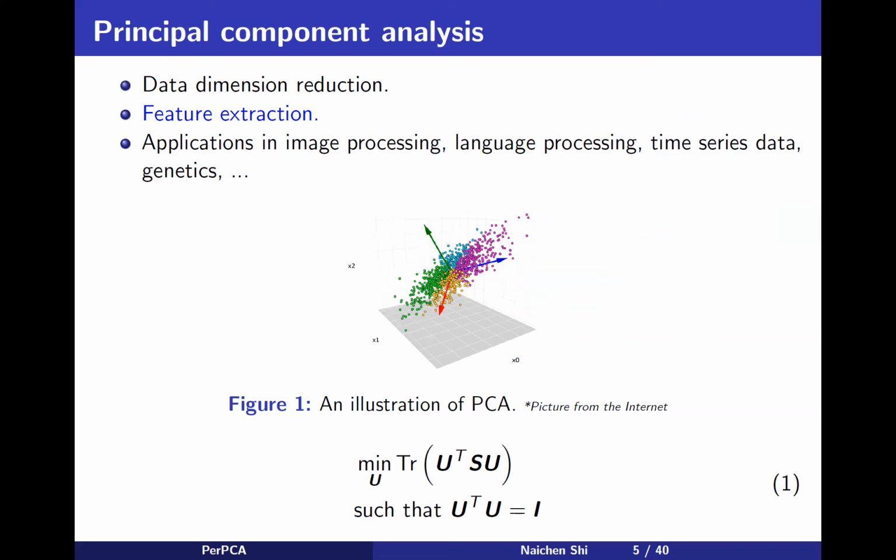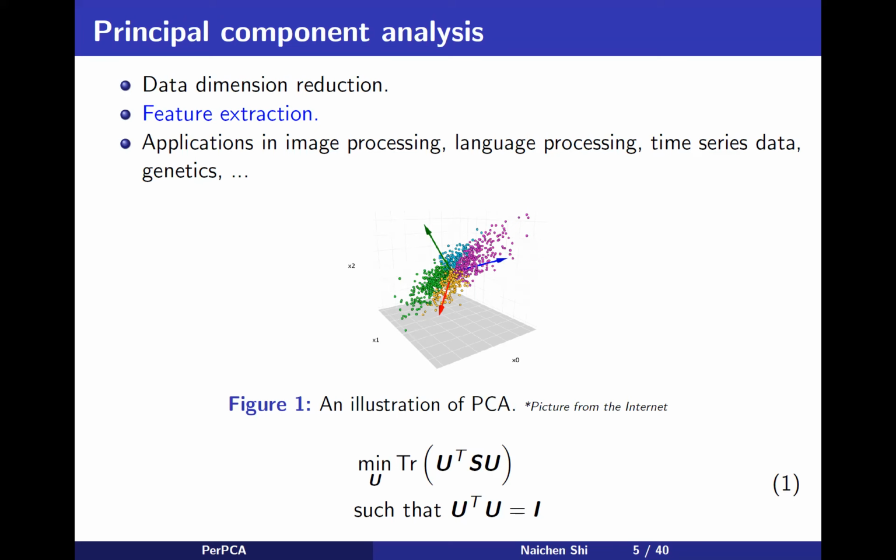It has multiple applications in image processing, language processing, etc. So to find the PCs that can explain the most portion of variance from data, one formulation is the constrained optimization problem formulated as equation 1, where the objective is the explained variance from the data covariance matrix S, and the constraint is the orthonormal constraint on the principal components.